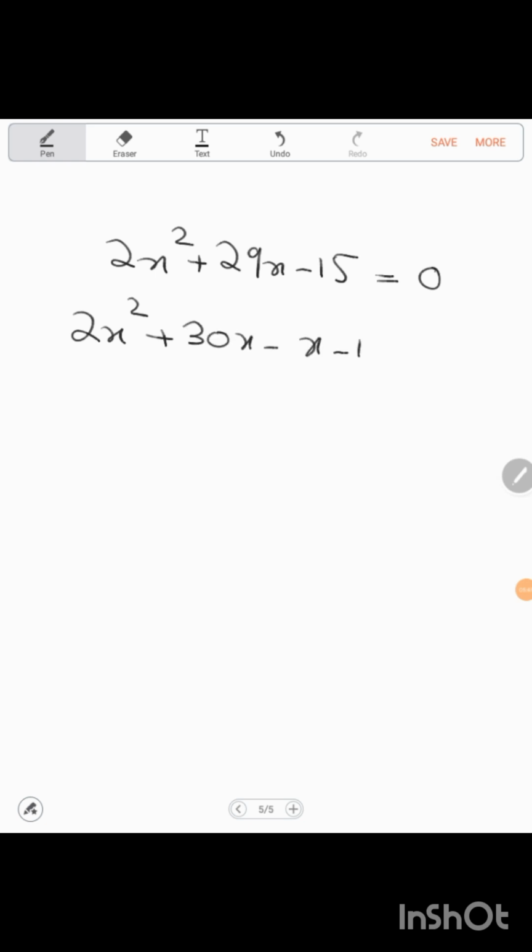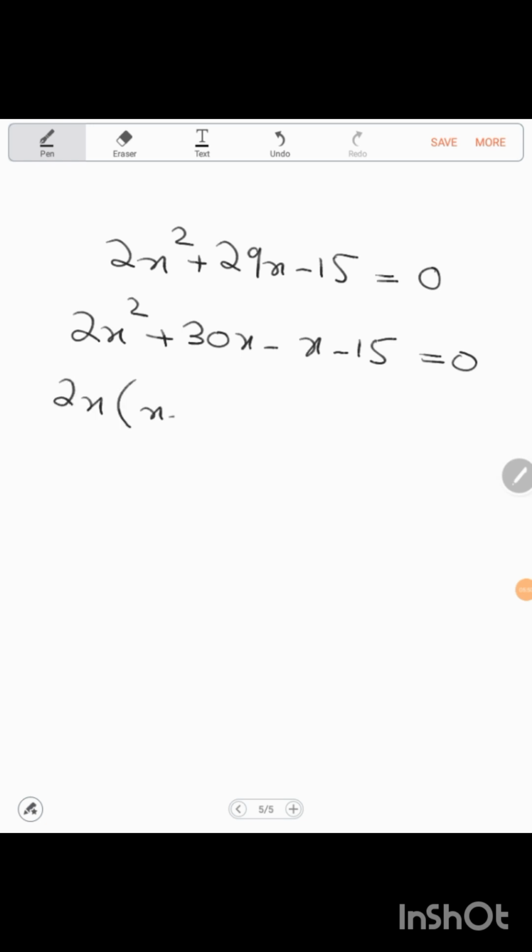Okay, now let's do one thing. Let's take the same question: 2x square plus 29x minus 15. This was an expression. If you have it equal to 0, then what are you going to do? This is how you broke up the middle term, right?